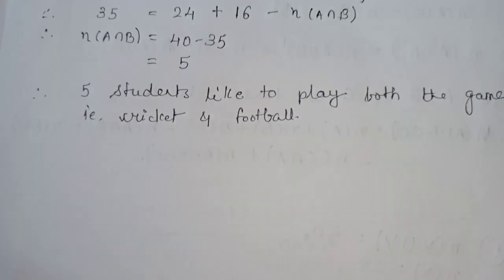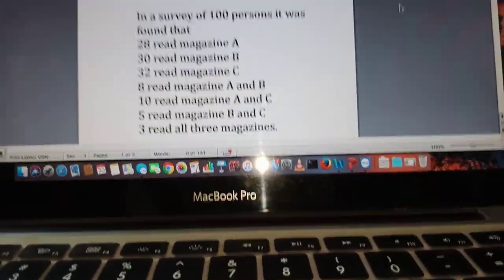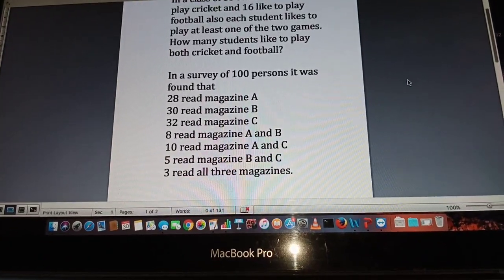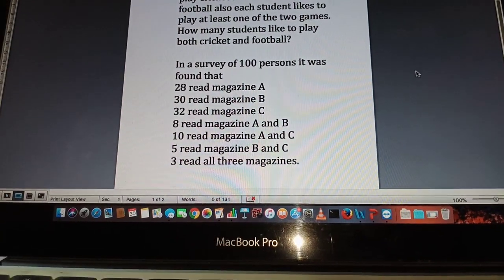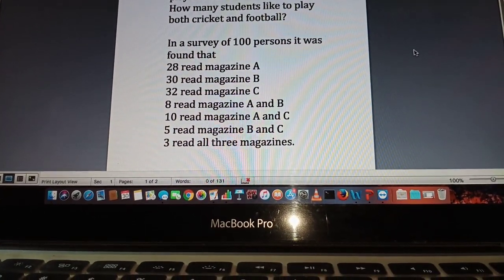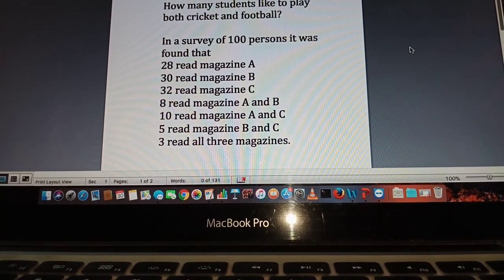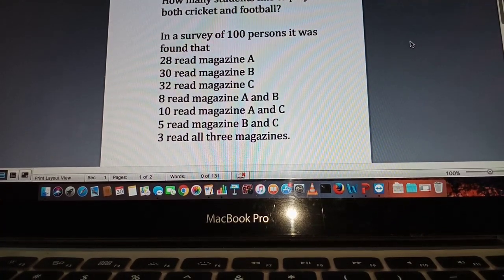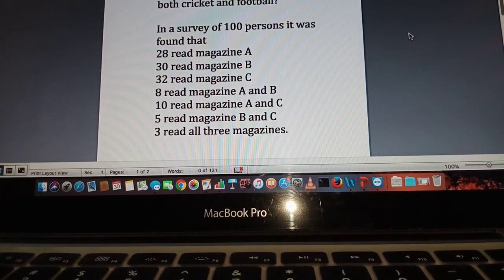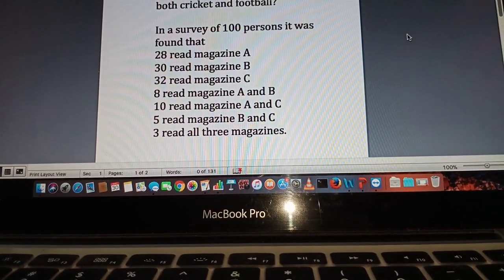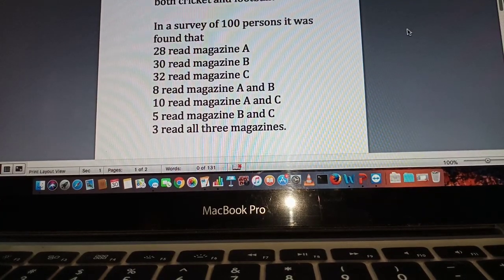Now, excuse me. Question number 3. It is given that in a survey of 100 persons, it was found that 28 read magazine A, 30 read magazine B, 32 read magazine C, 8 read magazines A and B, 10 read magazines A and C, 5 read magazines B and C, and 3 read all 3 magazines.